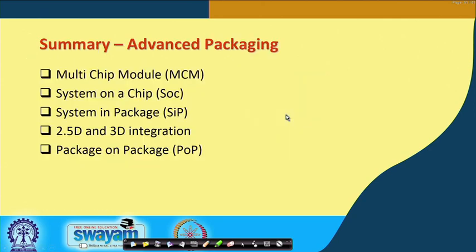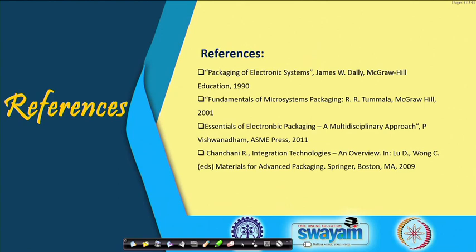So, that brings us to the end of this lecture, and to summarize, we talked about advanced packaging, multi-chip module, system on a chip, system in package, multi-dimensional integration, and finally package on package. Okay. So, these are some references, as you can see, you will get them. The book of Tummala and Daly we have talked about before. Essentials of Electronic Packaging, the book by Viswanathan that came out in 2011.